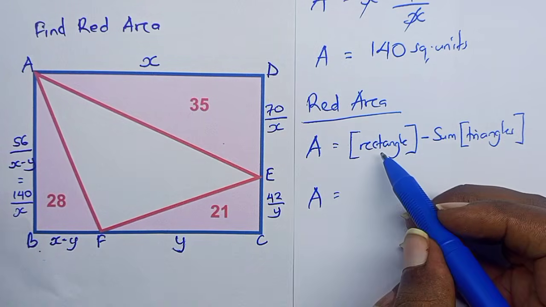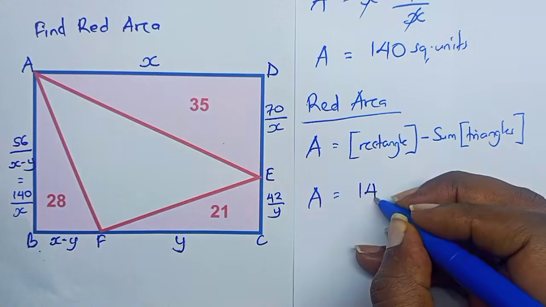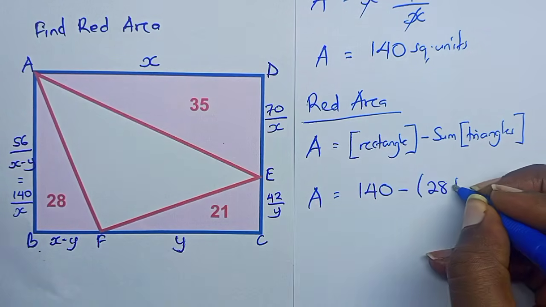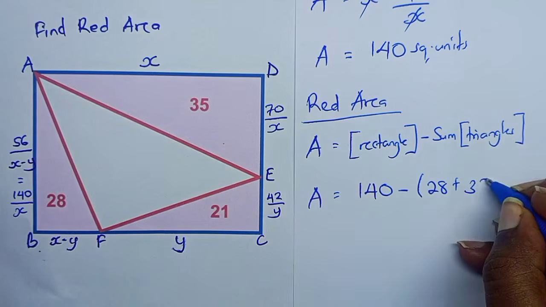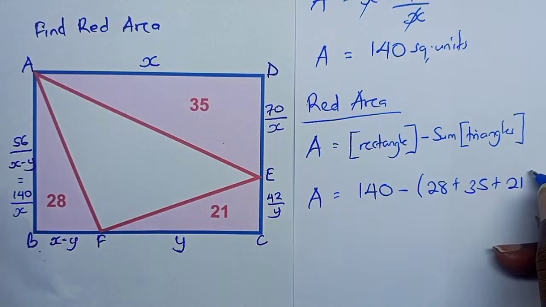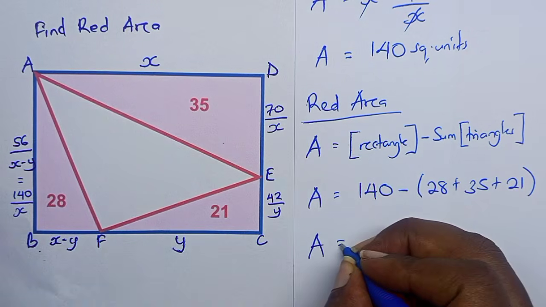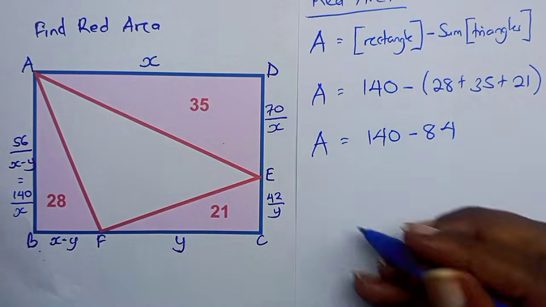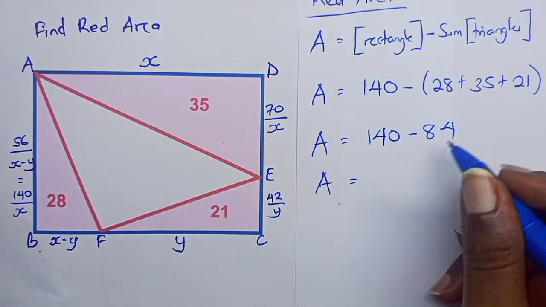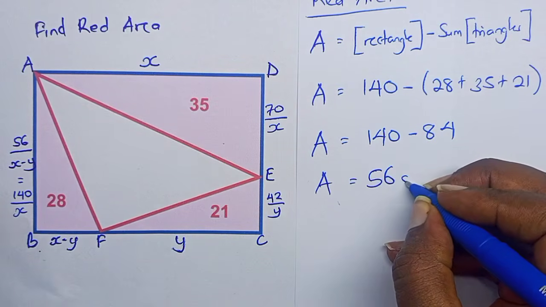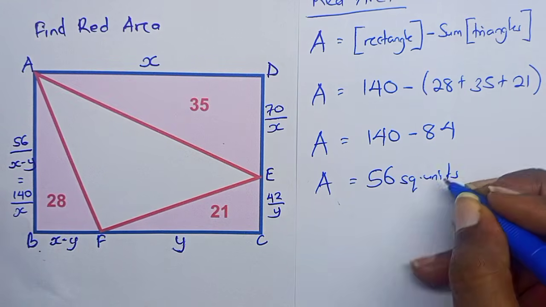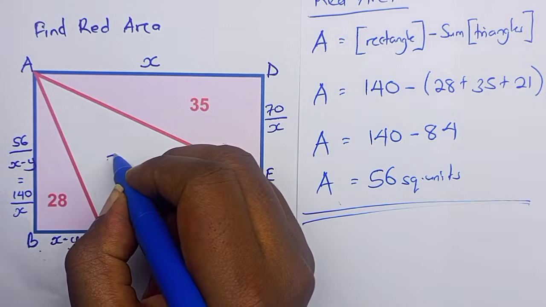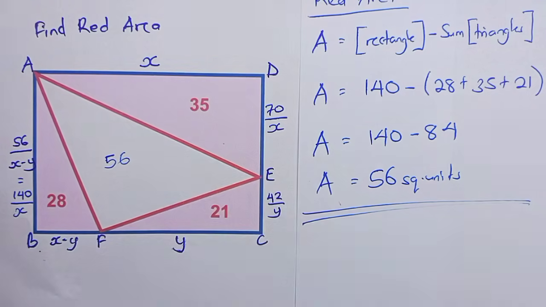Therefore, we've got the area of the rectangle as 140 minus the sum of these other ones, so it will be 28 plus 35 plus 21, which gives us 140 minus 84, and therefore the area is 56. So 56 square units. That's the area of this region.